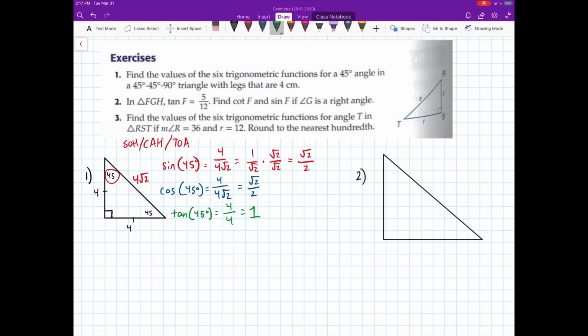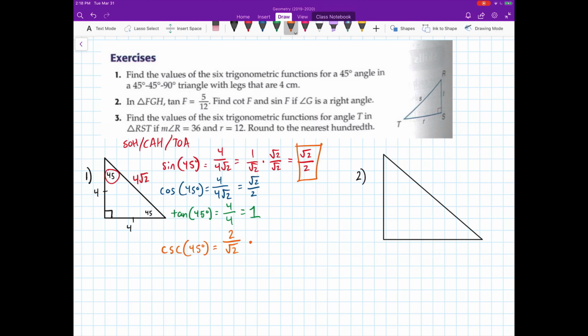All right, now for the new ones. For the reciprocal of sine, we have cosecant, right? CSC of 45 degrees. So the reciprocal of sine is going to be hypotenuse over opposite, or you can look at the answer of sine and just flip it over, and that's what I'm going to do. So it's going to be 2 over root 2.